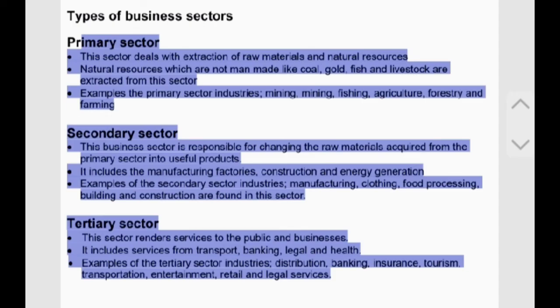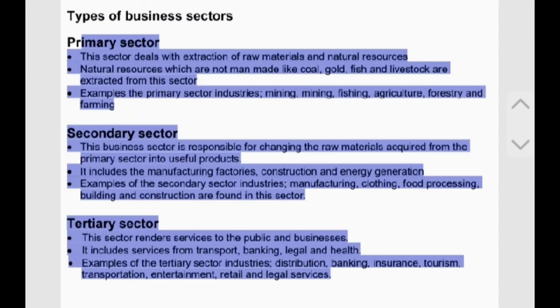Then we move to number two. Natural resources which are not man-made, like coal, gold, fish, and livestock, are extracted from this sector. That means they don't need something that is man-made.